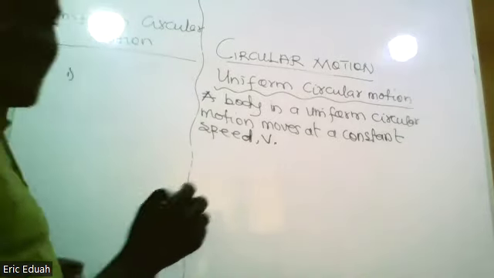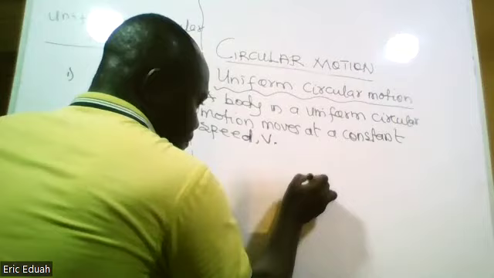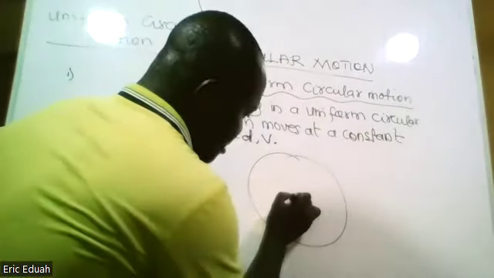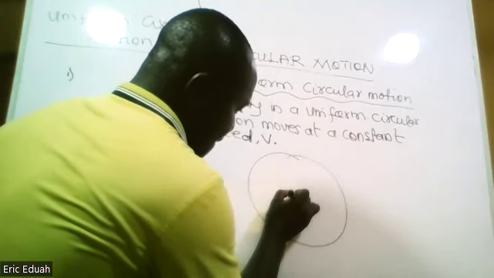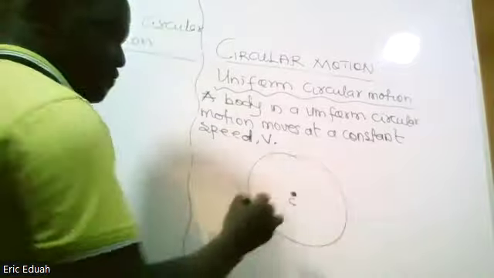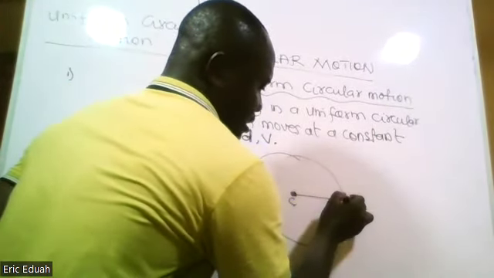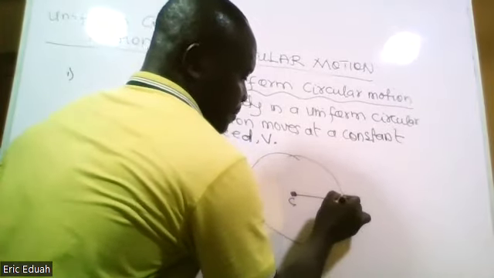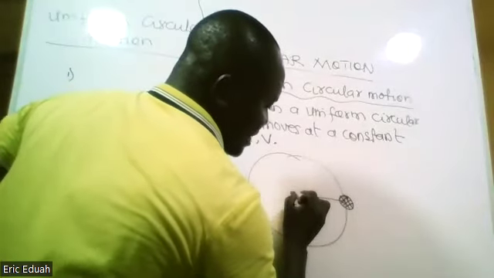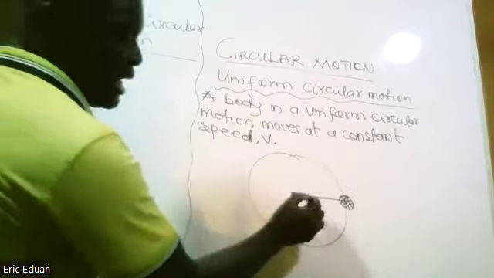Now let's consider a body moving in a circular manner. There's the center of the circle C. This is the body. This is that fixed displacement of the body from the center.